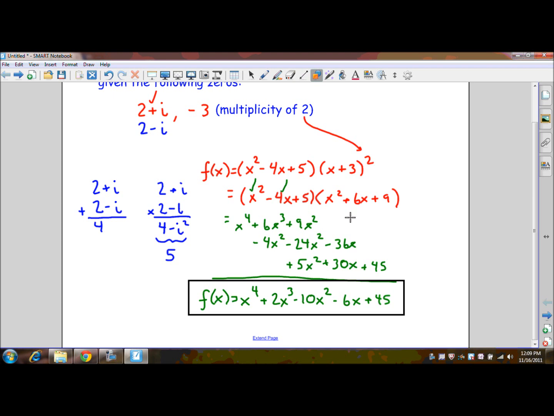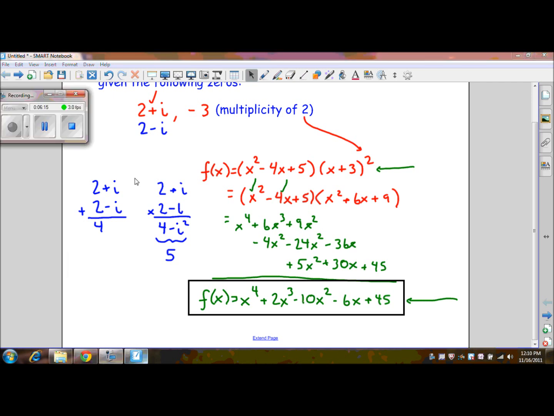I apologize if that's wrong, but I think that's good. And then I get minus 6x plus 45. So we have created the polynomial which has zeros of 2 plus i, 2 minus i, and negative 3 with a multiplicity of 2.